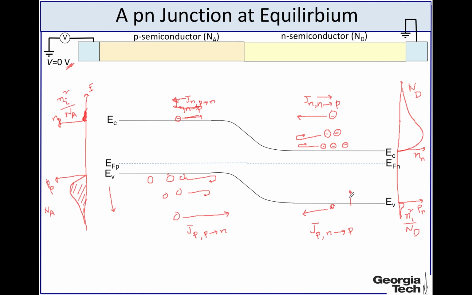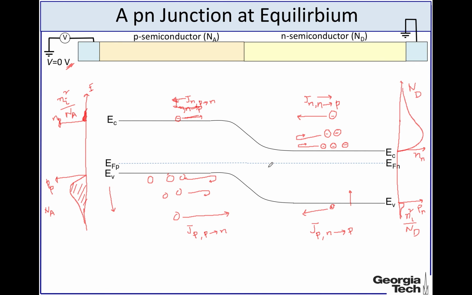Okay, so these are the different current components we have. So from semiconductors, electrons move from p to n, and then in the n side, you have electrons that are moving from the n side to the p side, and similarly for the holes.